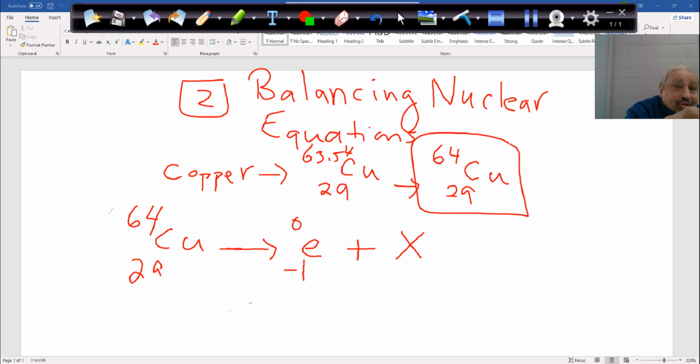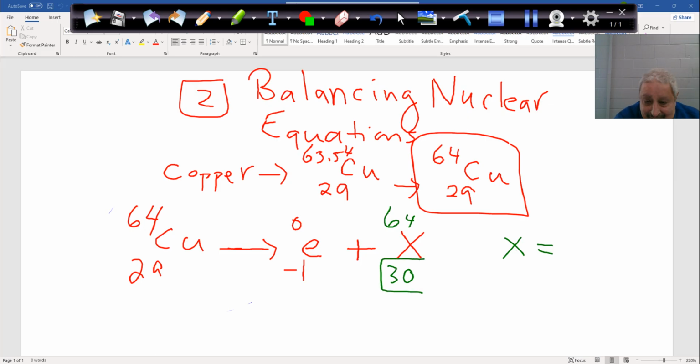What is, the question is, what my new element will be? What's the atomic number of it? 30, perfect, thank you. And what will be the atomic mass? What is it? 64. So X equal to what?